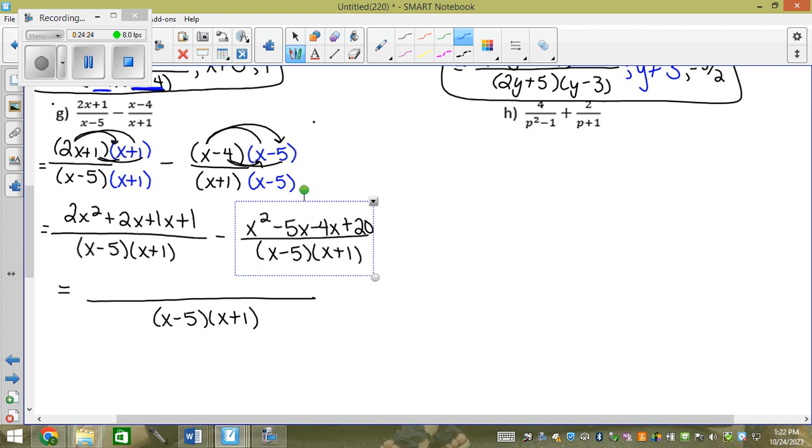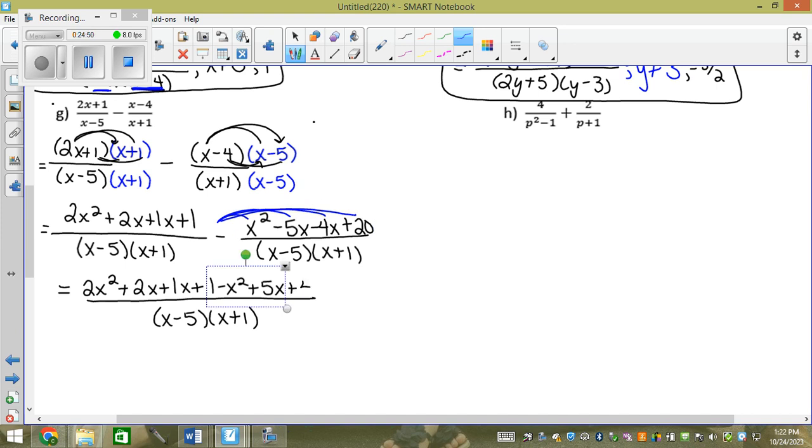So I have 2x squared plus 2x plus 1x plus 1. What do we have to remember to do with all the terms after the minus sign? Flip their signs, because you're going to minus them all. You're minusing this, this, this, and this, or multiply by negative 1. You could look at it that way. So it's going to be negative x squared plus 5x plus 4x minus 20.